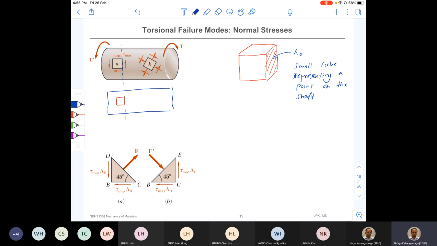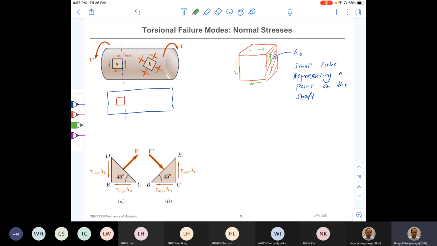Okay, so now we know that on this cube, there are going to be only shear forces or shear stresses like this, right, all around. To make it balance, it should be like this.